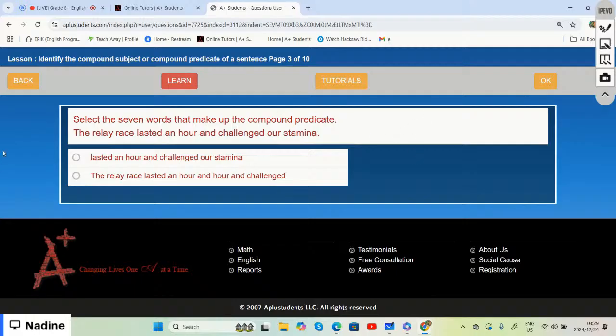All right, the next one says we need to select the seven words that make up the compound predicate. Is it option one? The relay race lasted an hour and challenged our stamina.